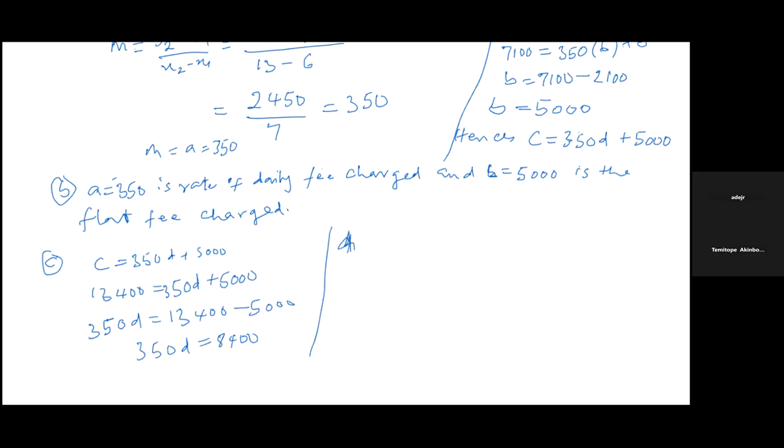So D will now be equal to 8,400 divided by 350. That is 24. So it means that it will take 24 days for the web designer to complete the job for the third company, C. 24 days. Is that clear?